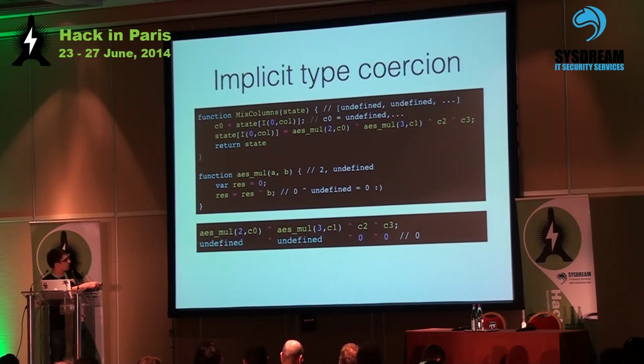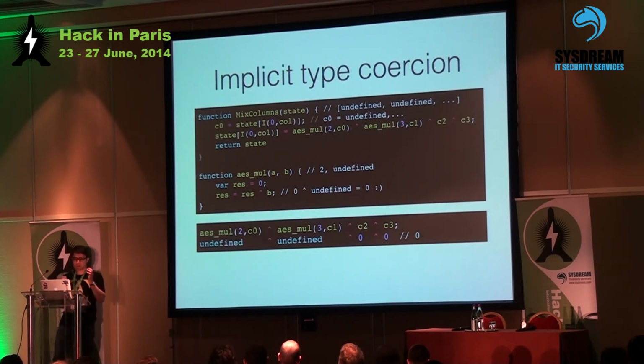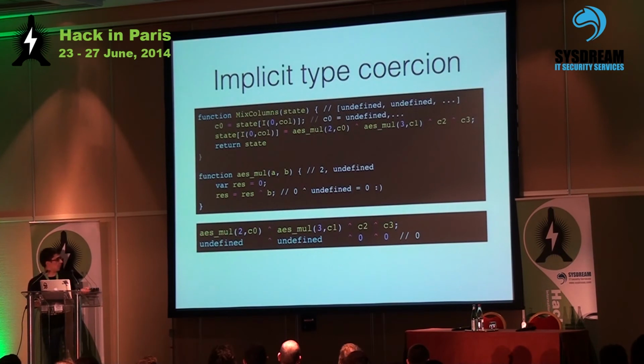One of the operations in this case is basically undefined XOR 0, which obviously for JavaScript is 0, because why wouldn't it be? So by calling this function, you sort of recover the state to being safe integers instead of those weird undefineds, which might trip the cipher further on.